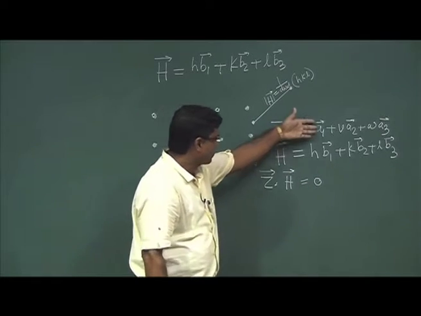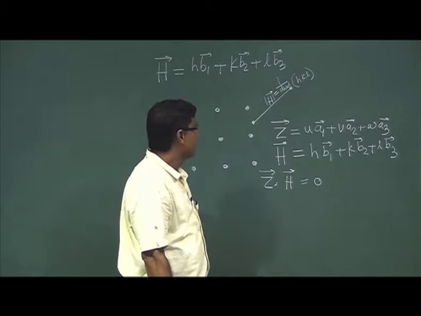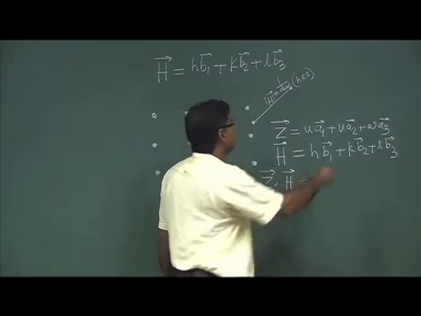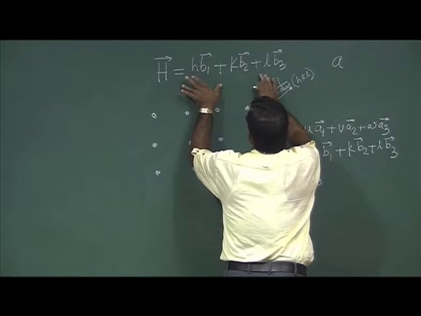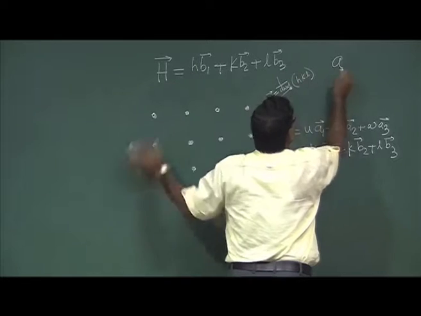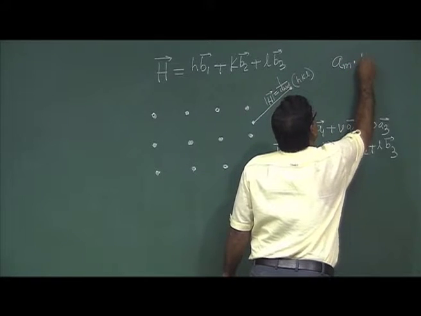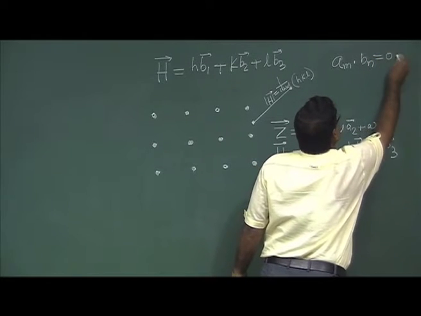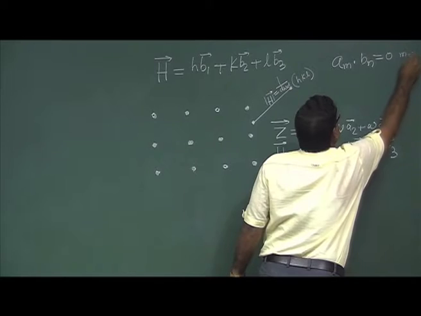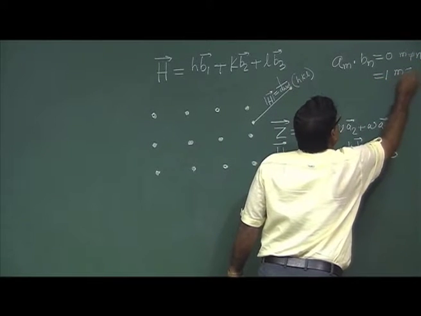So, we take the dot product following that rule, which is equally important: a_m dot b_n is equal to 0 when m is not equal to n, and equal to 1 when m equals n.